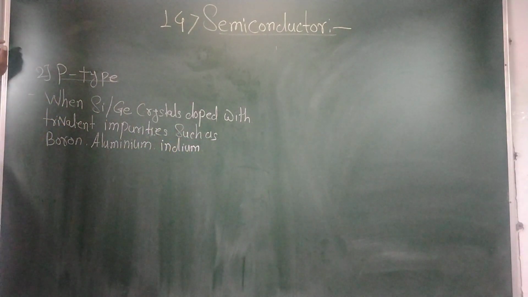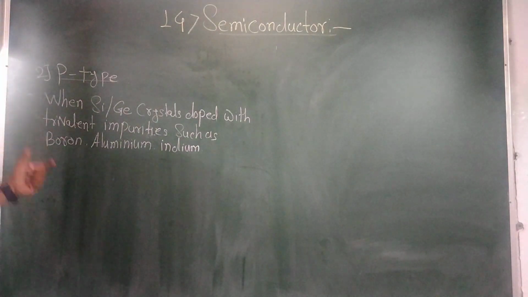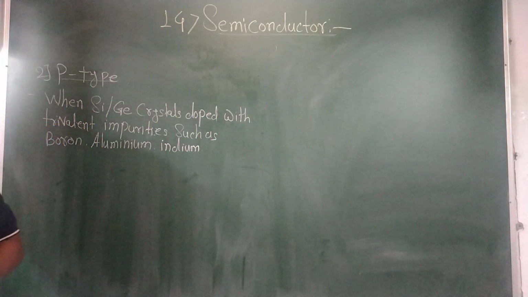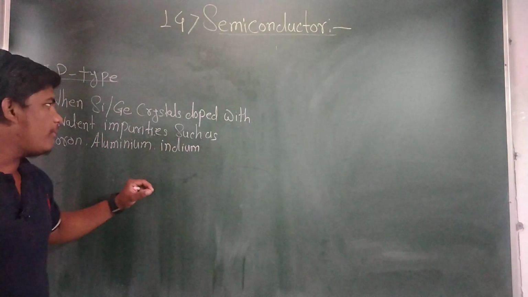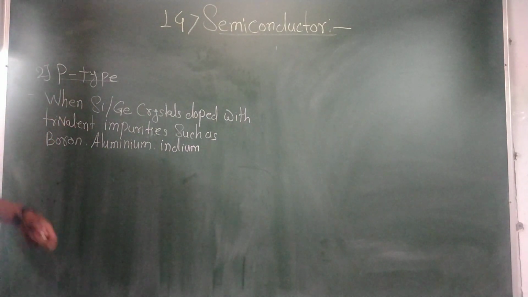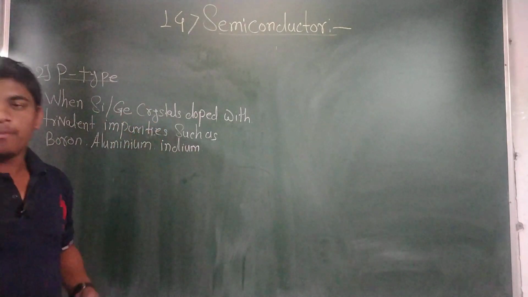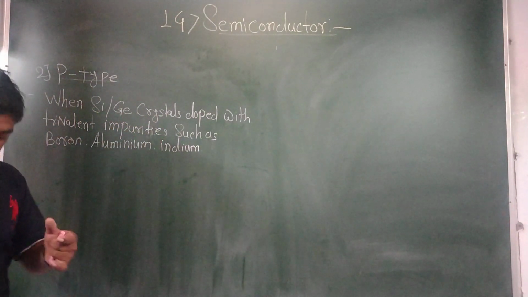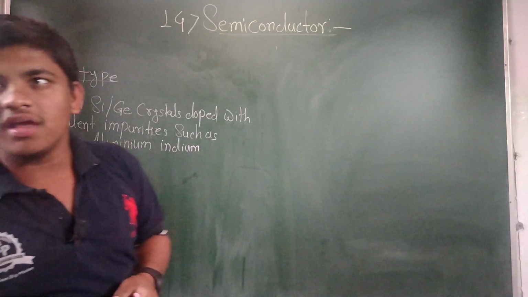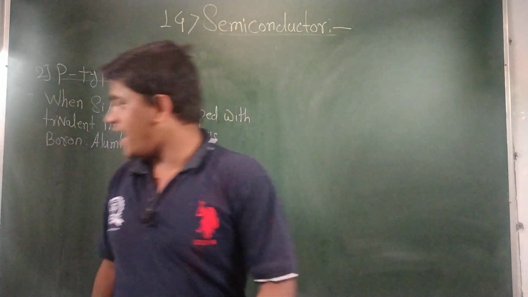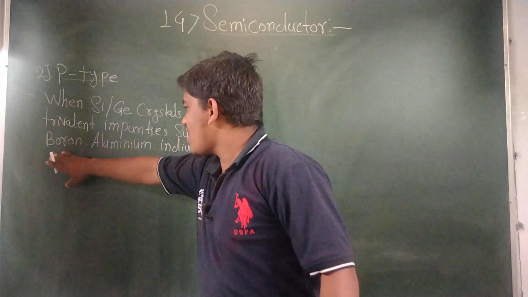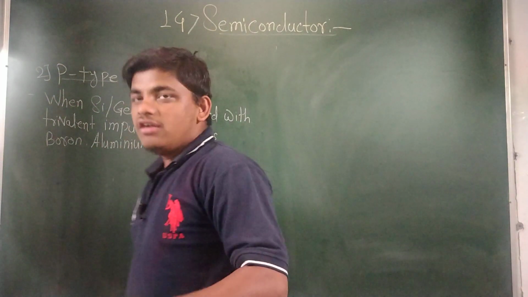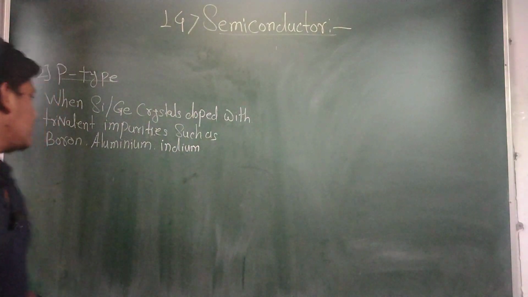These are trivalent atoms. Boron, aluminum and indium are the trivalent atoms doped into the pure or intrinsic semiconductor, that is silicon and germanium. This pure semiconductor is doped with trivalent impurities such as boron, aluminum and indium, and we get a P type semiconductor.